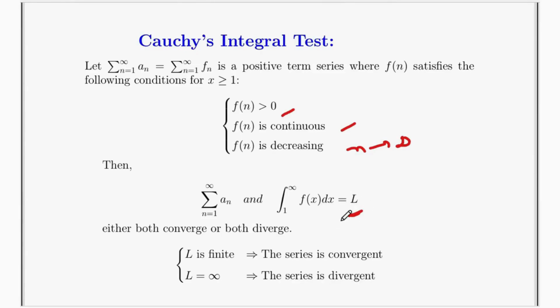If this L is infinity, then this series and this integral both diverge. So convergence and divergence of this series depends on the value of L. If L is finite, then the series is convergent, and if L is infinity, the series is divergent.